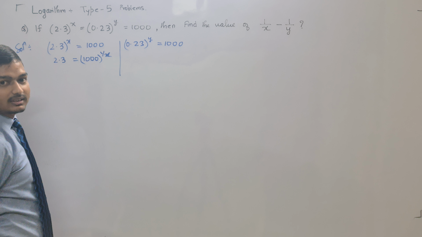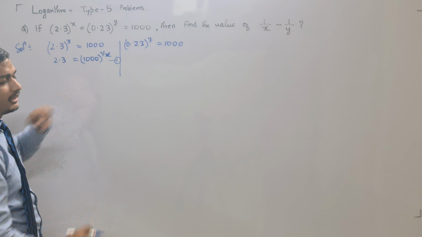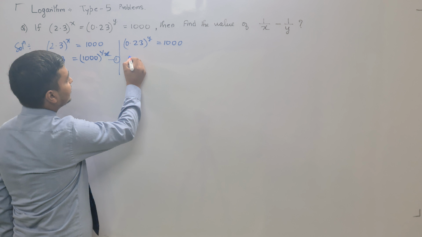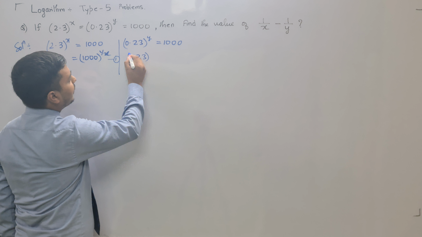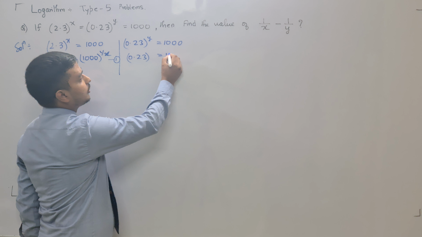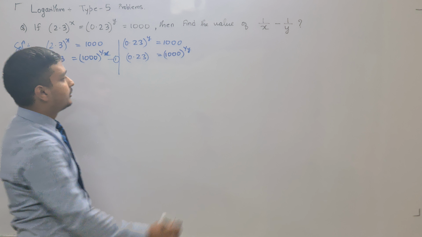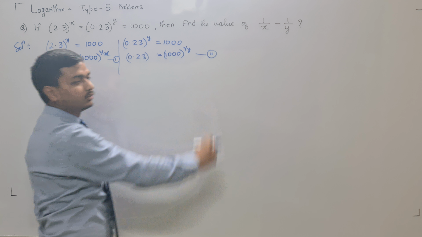Let it be equation number 1. Similarly, 0.23 power y, if I transfer it to the other side, becomes 1000 power 1 by y. Let it be equation number 2.